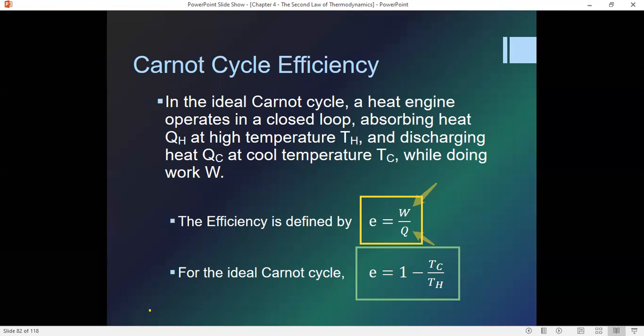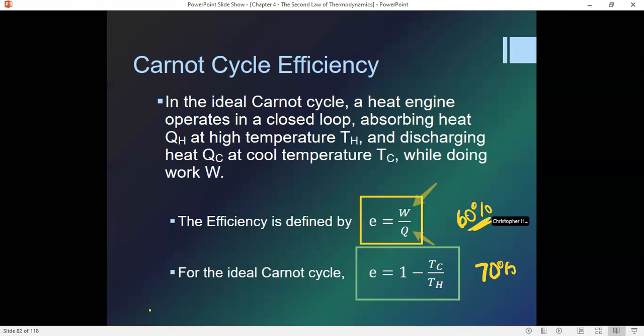So again, even though we might be able to calculate a Carnot efficiency of, let's say, we'll use the example previously of 70%, real world engines are probably going to be much less than that. Okay, even operating at the same temperatures.